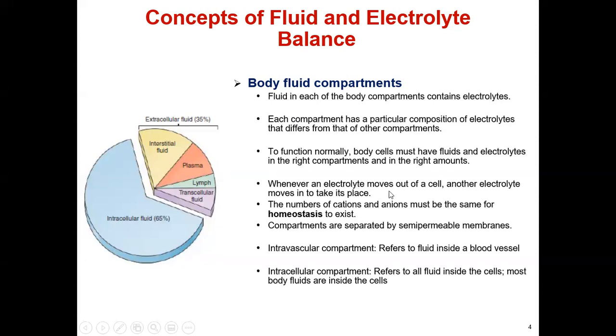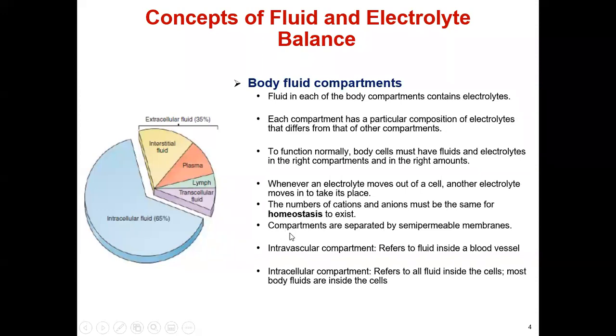Whenever an electrolyte moves out of the cell, another electrolyte moves in to take its place. This is the way the body always maintains homeostasis. The number of cations and anions must be the same for homeostasis.